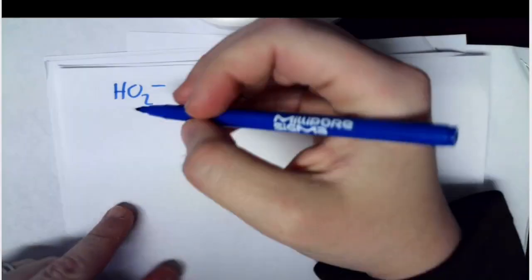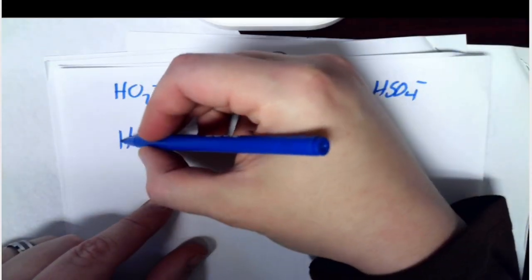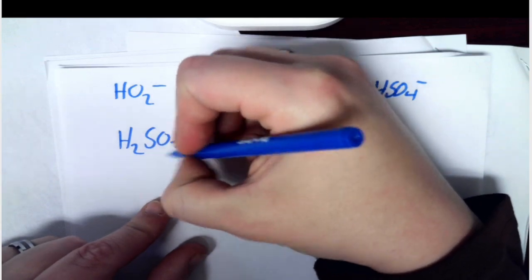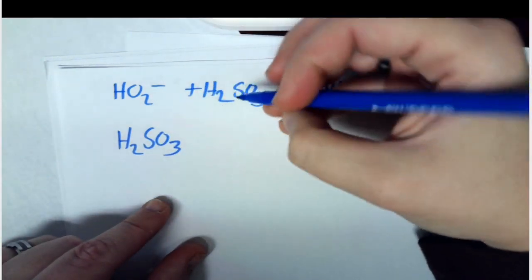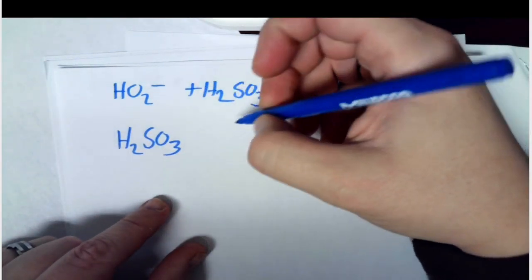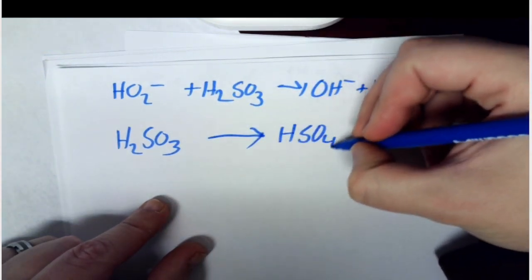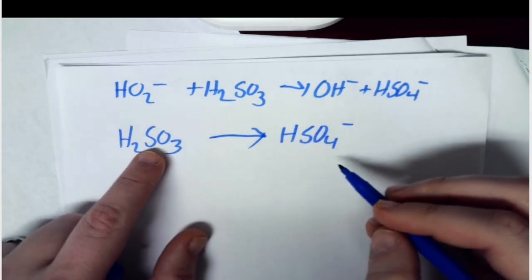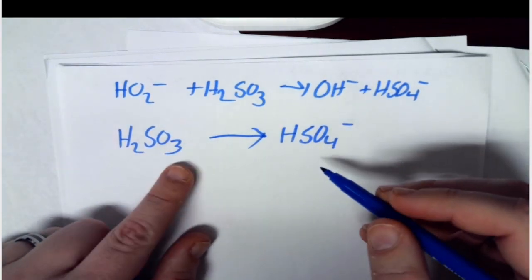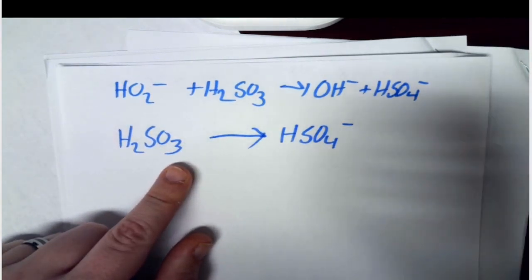Let's do the sulfurous reaction first. H2SO3 goes to HSO4 minus. S, 1 S. 3 oxygens, 4 oxygens.